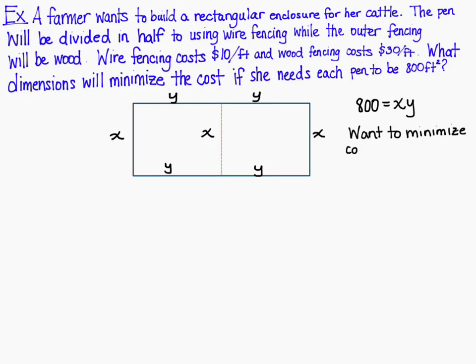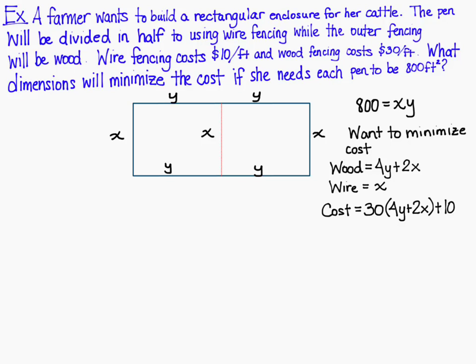The amount of wood fencing that we're going to need is 2x plus 4y, and the amount of wire fencing we're going to need is just x. So the cost to build the entire enclosure will be $30 times the amount of wood plus $10 times the amount of wire, added together to get the whole cost.